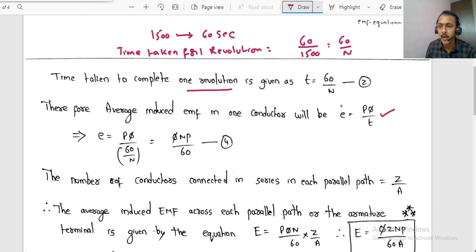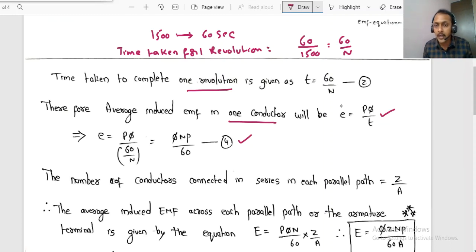This is important, P phi by T. If we substitute T equals 60 by N, then the average induced EMF E is given by phi N P by 60. Clear? And all these things are happening for one conductor. Keep in mind, all these things are happening for one conductor.